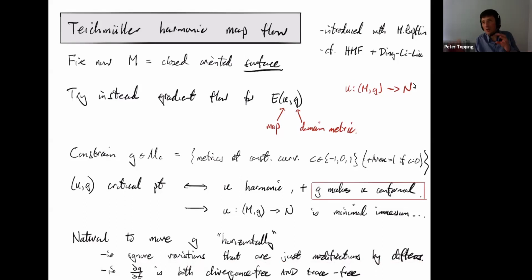They're just pulling back by a diffeomorphism, which is an infinitesimal variation of the identity. So I just ignore those. That's easy to impose. And probably the most concrete way of explaining that is that I'm going to constrain dg by dt to be divergence free and trace free.